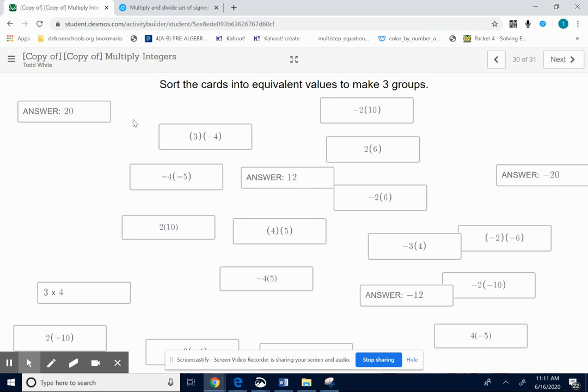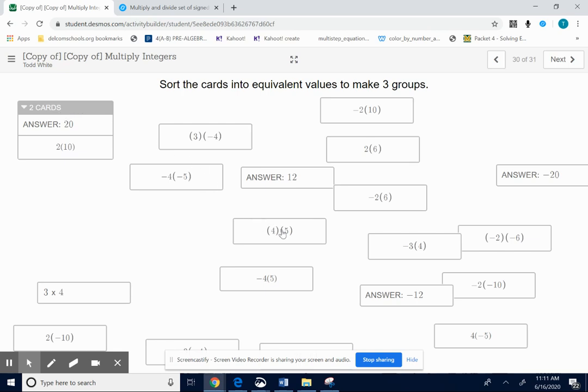Let's look for positive numbers first because that's the easiest. Here's 2 times 10. To drag that over, I'm going to use my left finger to press, right finger to move. But you'll notice when you get it exactly connected, see how it turns kind of blue? Let go, because that means it's going to connect for you. 2 times 10 is 20.